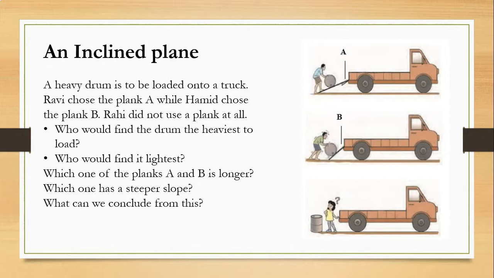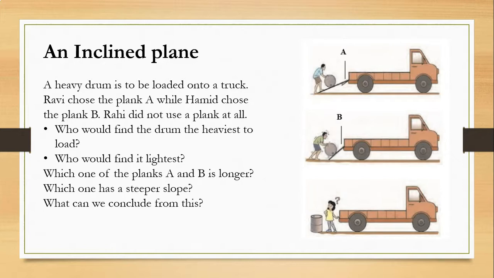Yes, I think Rahi will find the drum heaviest to load because she is not using a plank. Who would find it lightest? Yes, I agree with you. Ravi, who chose plank A, will find it lightest.